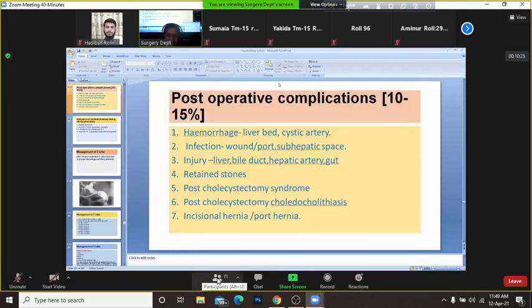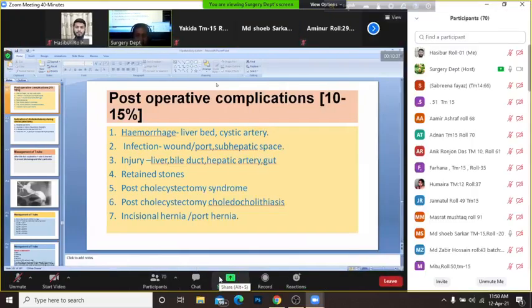Roll number 20. Yes, sir. আচ্ছা, বলো তো, আমরা দেখেছি যে there are established complications which might develop after cholecystectomy, after open and after laparoscopic cholecystectomy. এই কমপ্লিকেশন গুলো কিসের সঙ্গে রিলেটেড?